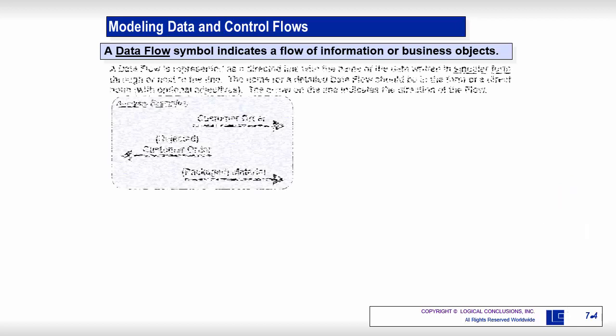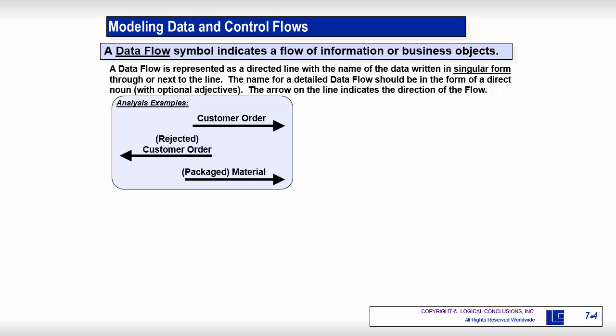A data flow is represented as a directed line with the name of the data flow written in singular form through or next to the line. The name for a detailed data flow should be in the form of a direct noun with optional adjectives, as shown in the example on this slide. The arrowhead on the line indicates the direction of the flow.